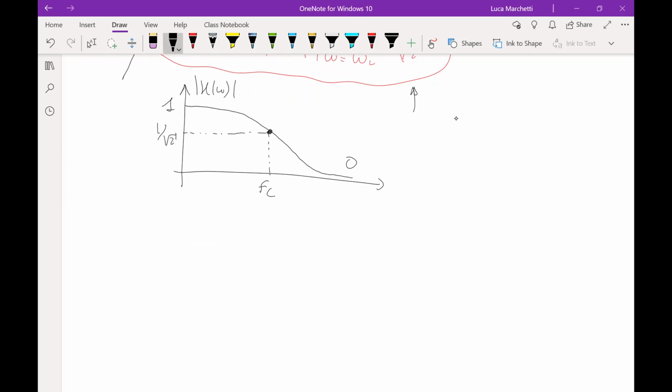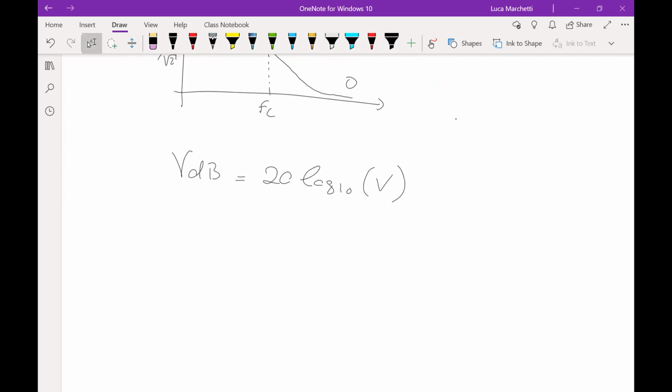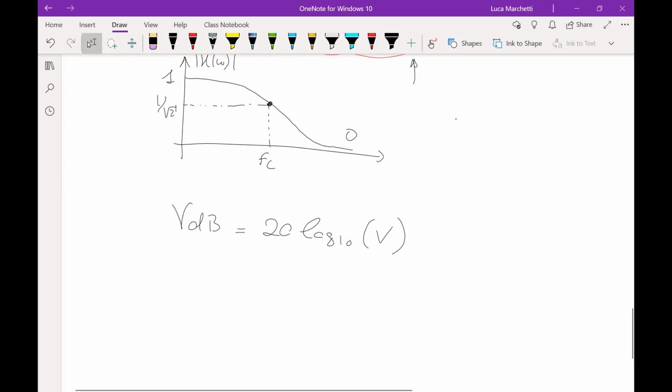So if you remember, a voltage in dB, because we usually work with voltage, is expressed as 20 logarithm base 10 of the voltage signal. In our case, we don't have a voltage, but we have the absolute value of H at omega.